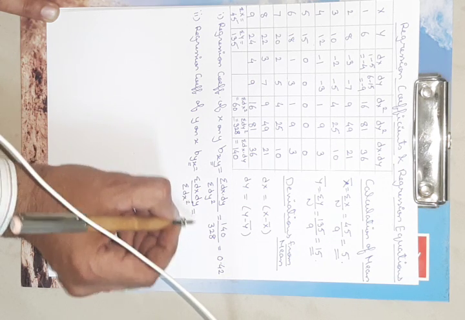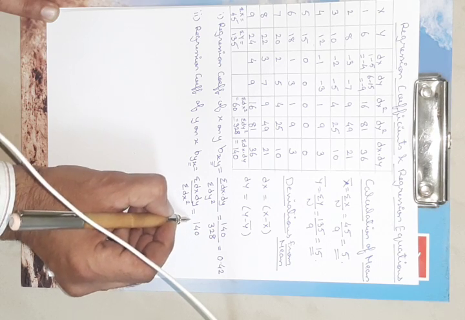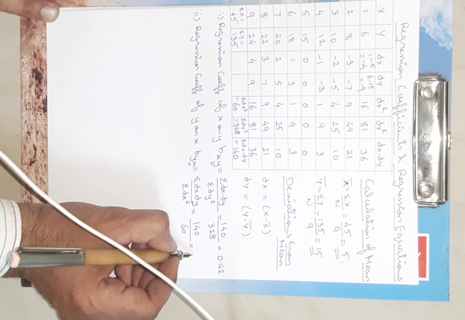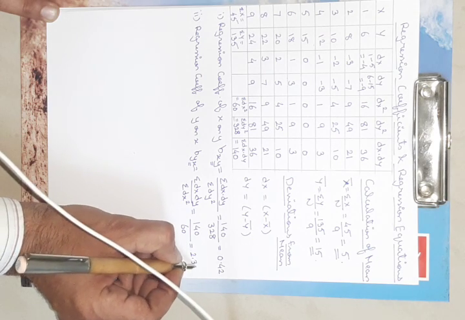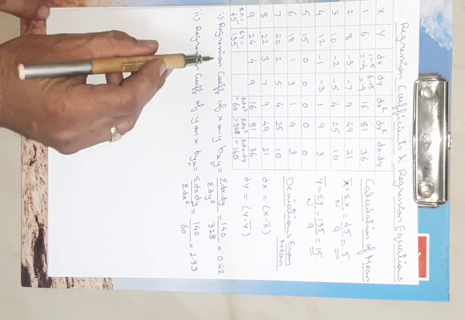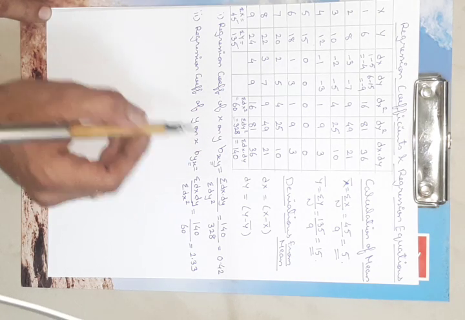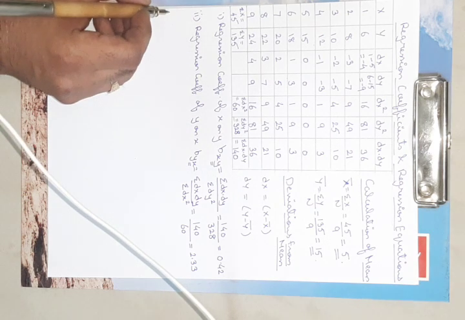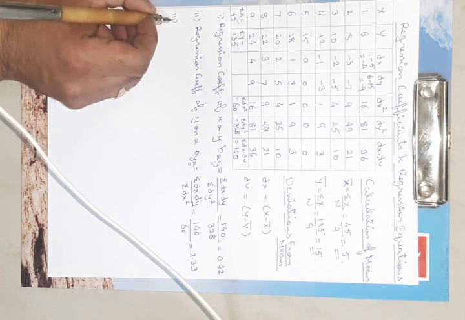So this is 140 divided by 60, which comes out to be 2.33. So we have calculated the regression coefficient of x on y, that is bxy, and the regression coefficient of y on x. Now the third thing is we need to calculate the regression line equation.